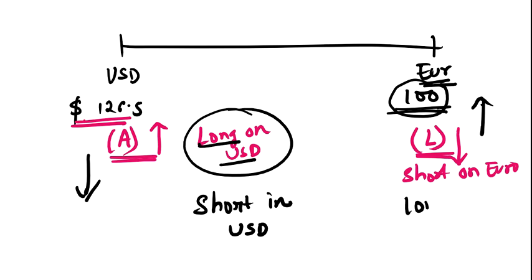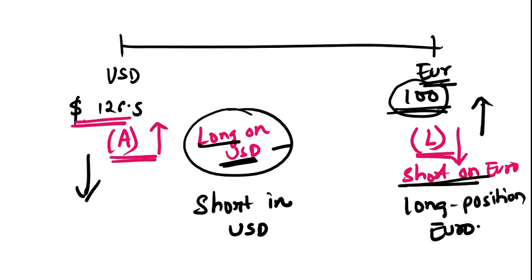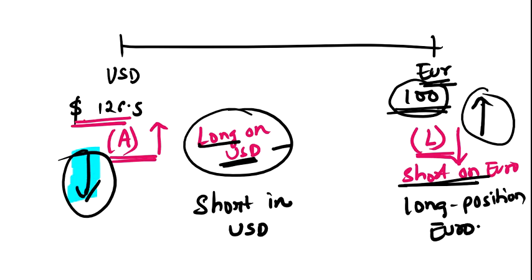So I will take a long position in euros. Understanding what I am doing? I am long on USD, I am short on euros, but I have this fear. Now what is the solution of my fear? This is the solution of my fear. Clear? So now you can hedge yourself.